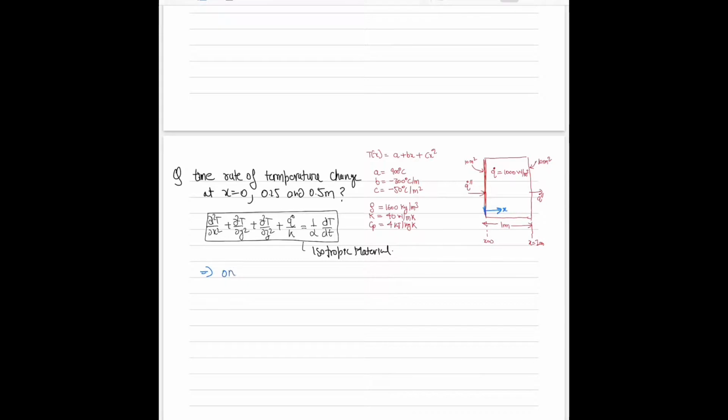Now we have to simplify this equation for our case. Since we have a one dimensional problem, the del square T by del y square component will go to 0, the del square T by del z square component will go to 0, then we are left with del square T by del x square plus q dot by k equal to 1 by alpha del T by del time.